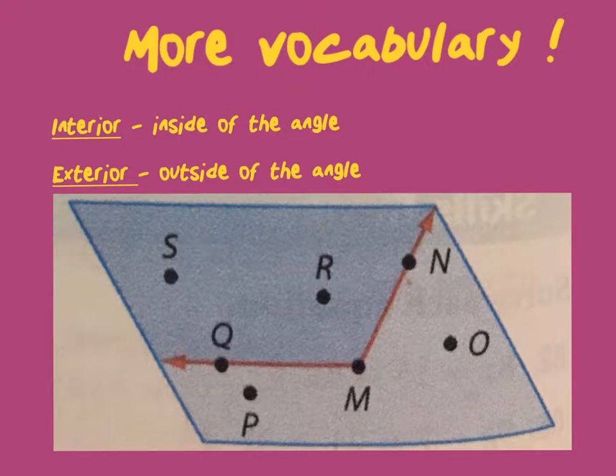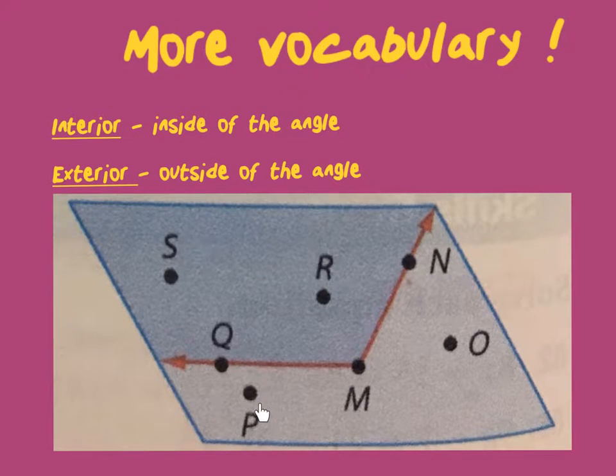Some more vocabulary that we need to know. These aren't too bad. You have the interior and exterior. Like the interior is the inside of your house, it's also going to be the inside of the angle. An exterior is like the outside of your house, it's going to be outside the angle.